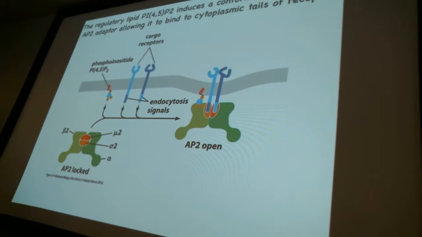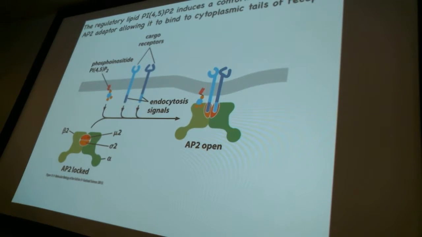Among the phospholipids that we know are very abundant on membranes, there is a class of phosphoinositide lipids which form very important regulatory molecules. This is well understood in clathrin-mediated endocytosis, but this phosphoinositide signaling mechanism has been involved in many different membrane traffic events in cells.